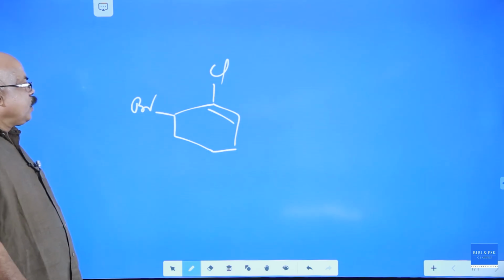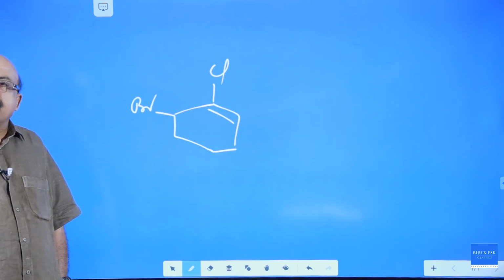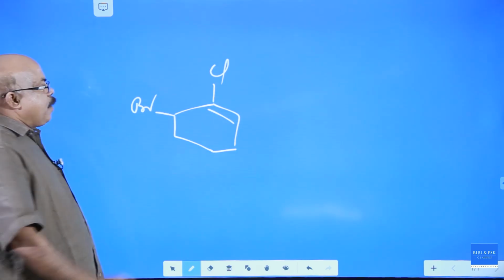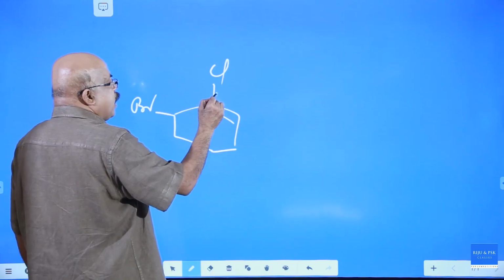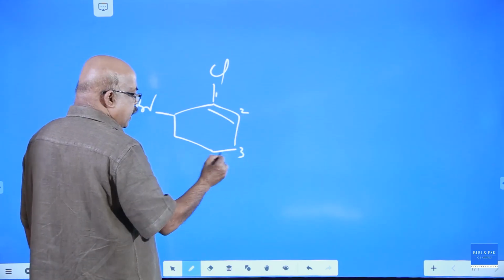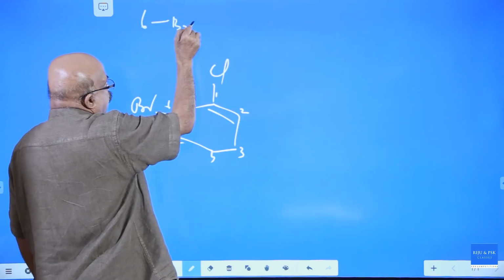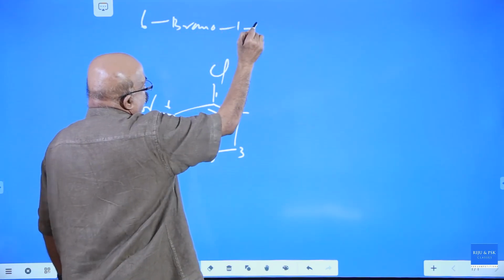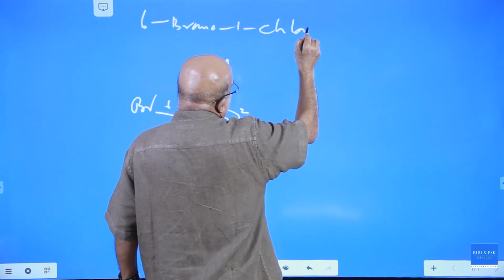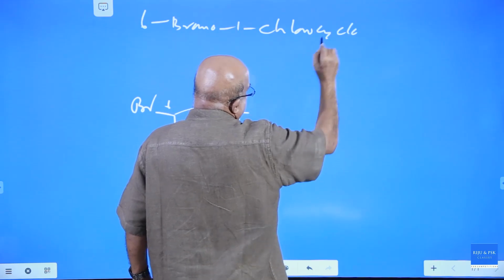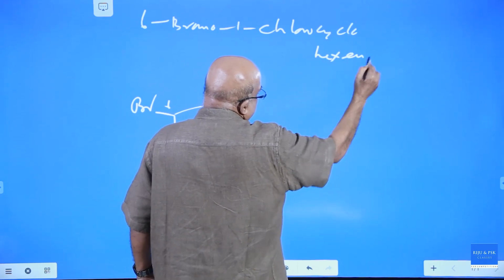This has two different substituents. If you number from here 1, 2, 3, 4, 5, 6, it is 6-bromo, 1-chloro, cyclohexene.